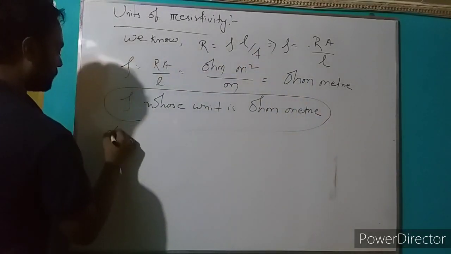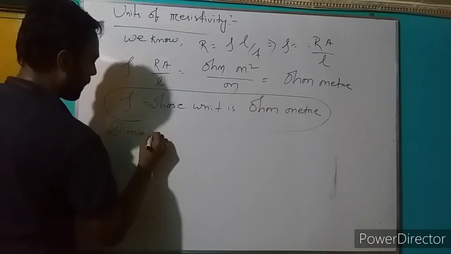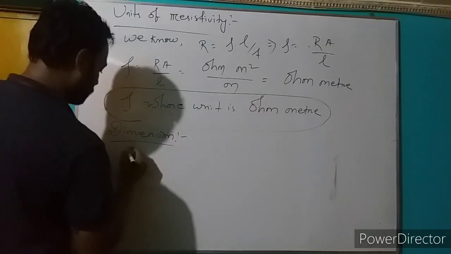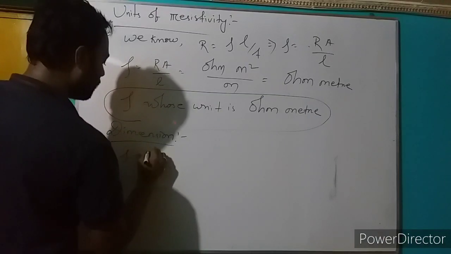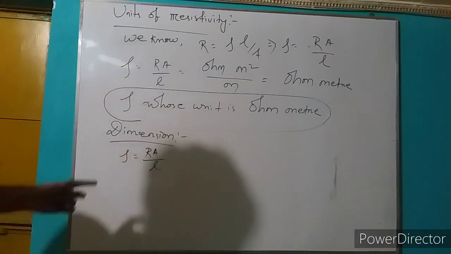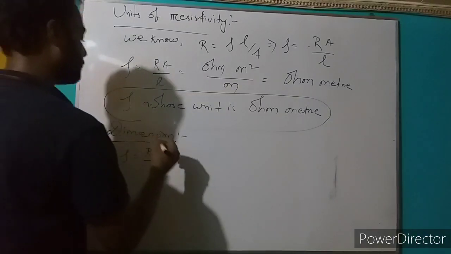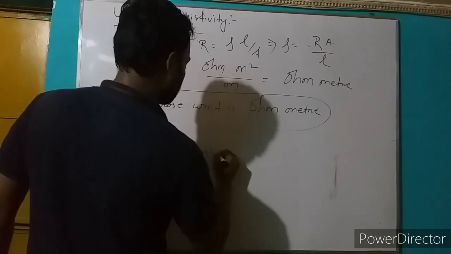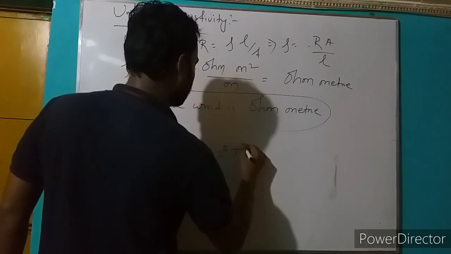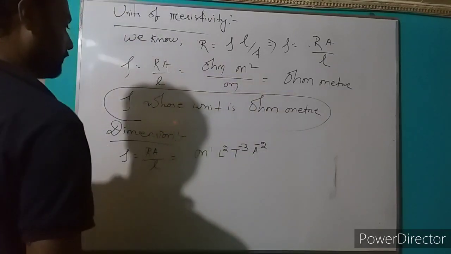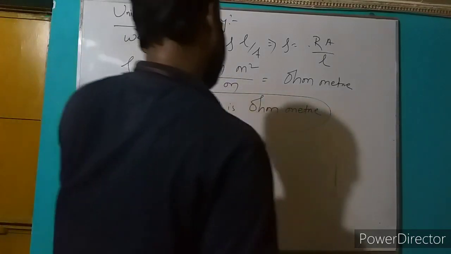Then dimension. What is the dimension of resistivity? So here rho equal to RA by L. Already I have discussed the dimension formula of resistance: M1 L2 T minus 3 A minus 2. If you have any doubt, you can ask.